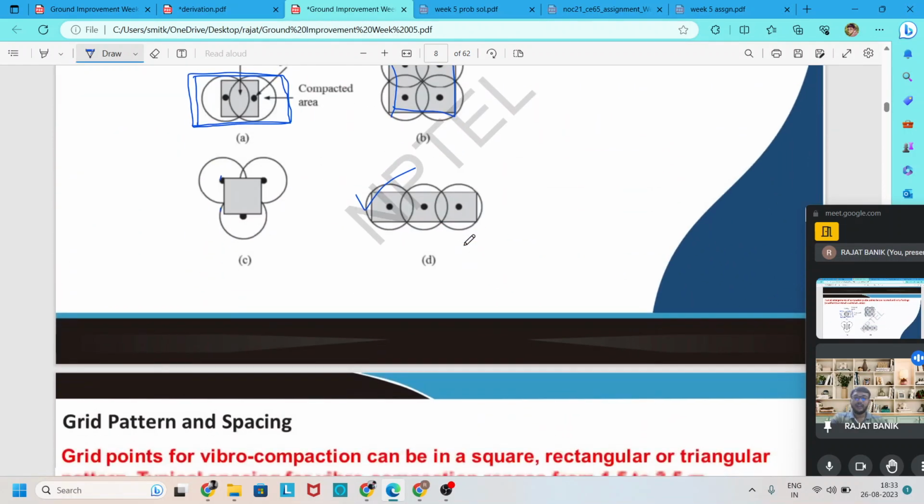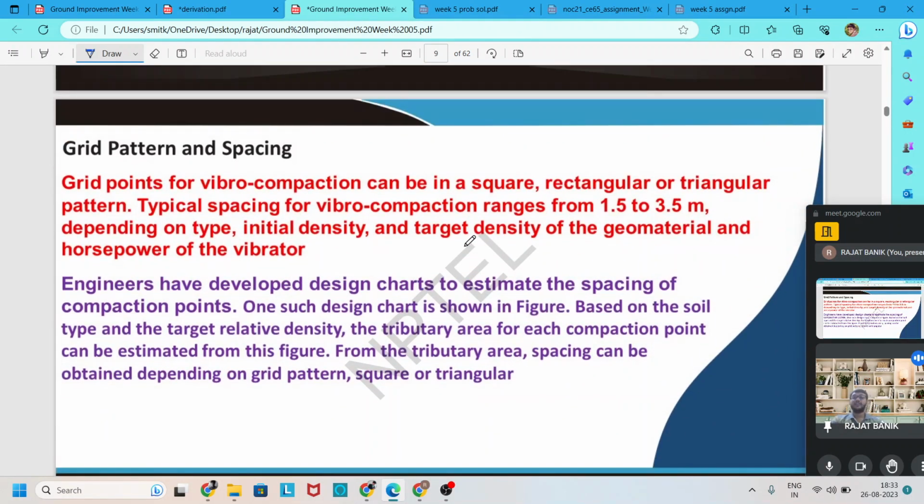Moving to the next slide, we discuss the grid pattern and spacing. We know that previously, in deep dynamic compaction, we discussed that some pattern is needed to improve the ground or apply the energy. Here also some patterns apply, like square, rectangular, and triangular patterns, based on ground suitability, plan area, availability, accessibility, and also the type of material.